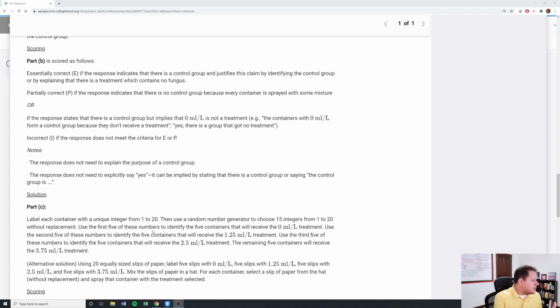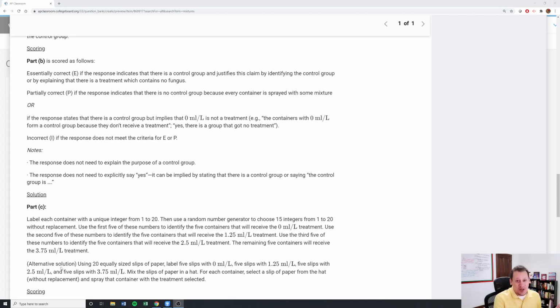The first 5 numbers will get the 0 milliliter per liter treatment. The second 5 numbers get the next treatment. The third 5 numbers get the third treatment, and all the other ones get the fourth. If you just randomized the numbers from 1 to 20 into a unique list, you could do it that way too. The fact that they only choose 15 integers, they're just being silly, right?